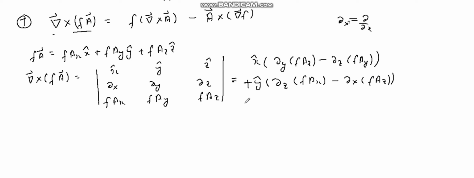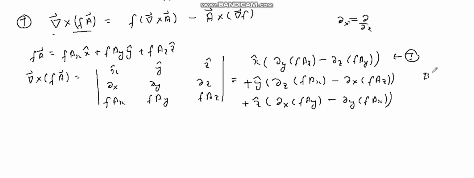The third term will be del x of f of ay minus del y of f of ax. So we have three terms: first one, second one and third one.